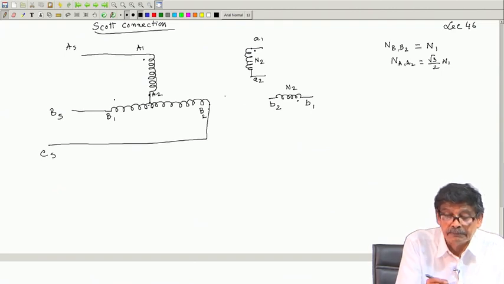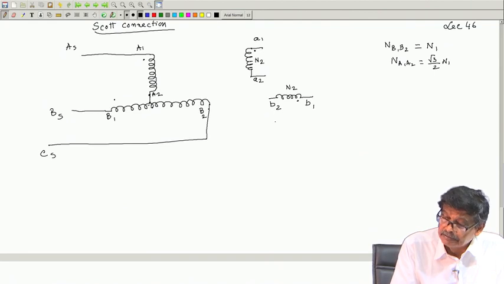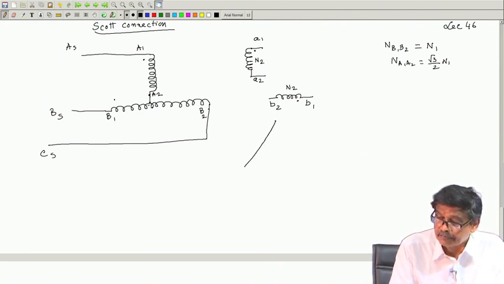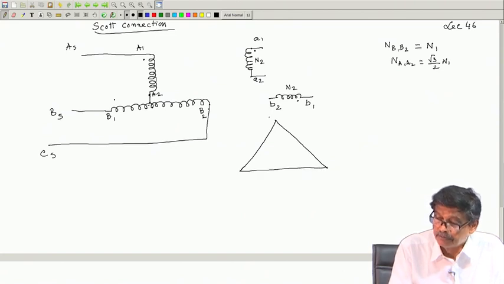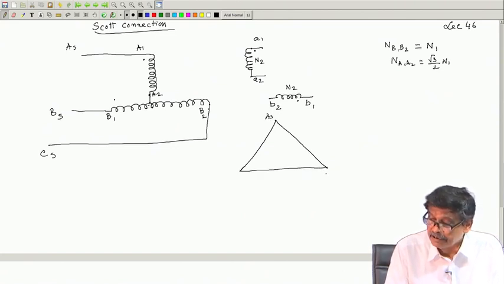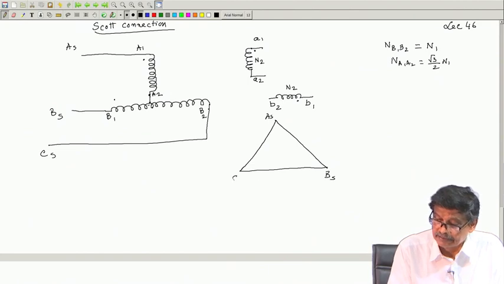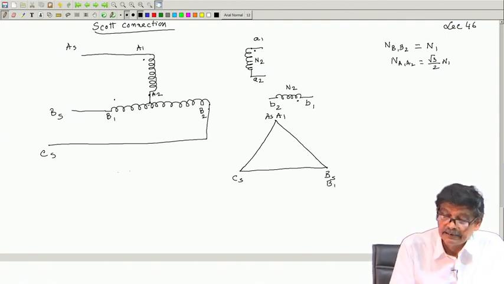So, once again, the phasor diagram: the supply is a balanced 3-phase with phase sequence AS, BS, CS. So, this was my primary voltage AS, BS and CS. AS happens to be also A1, BS happens to be B1 and CS happens to be your B2.